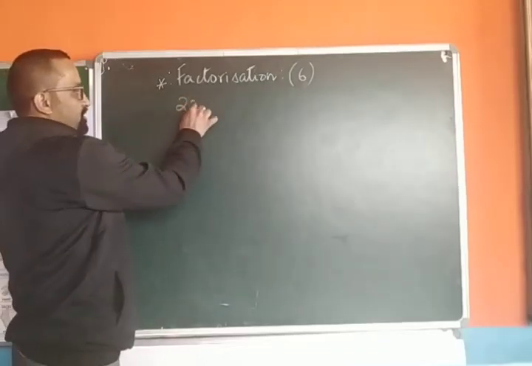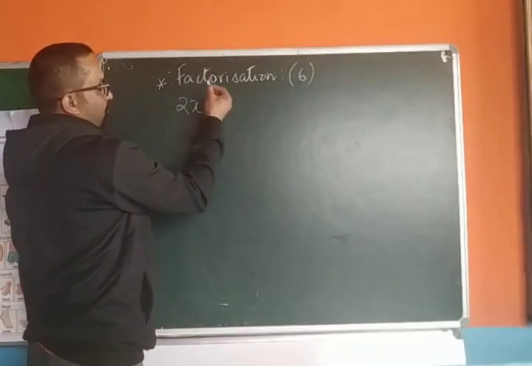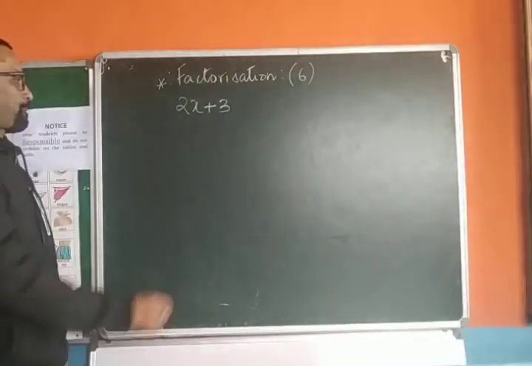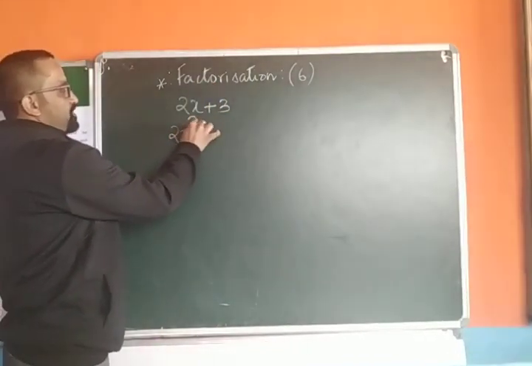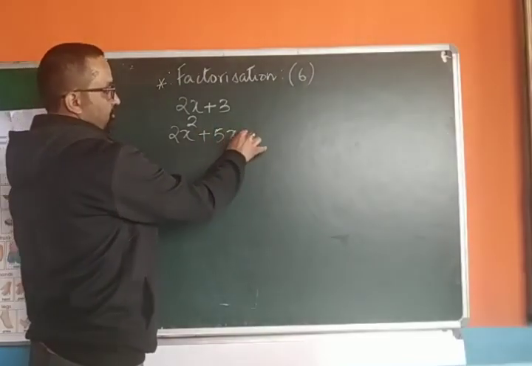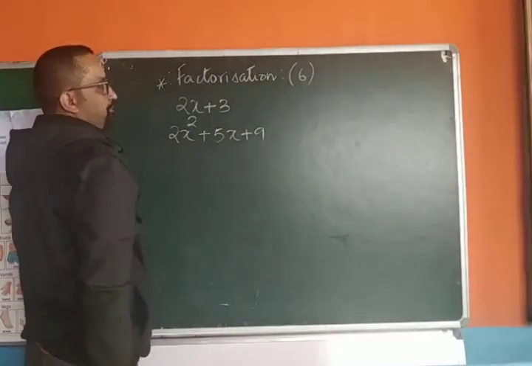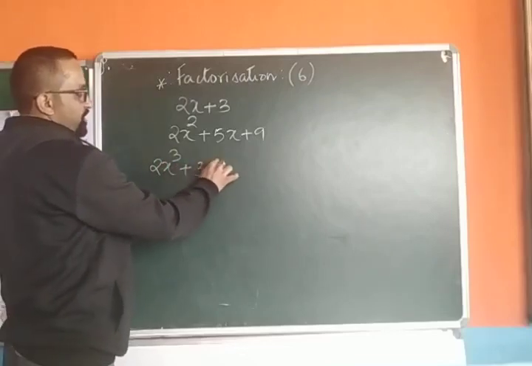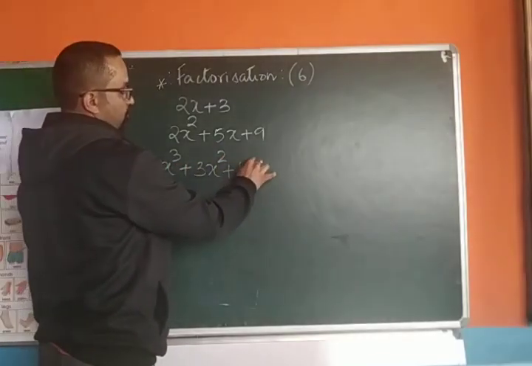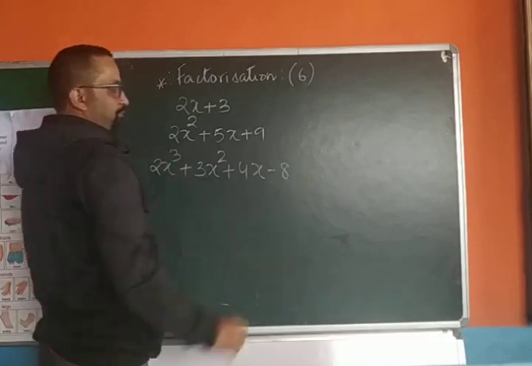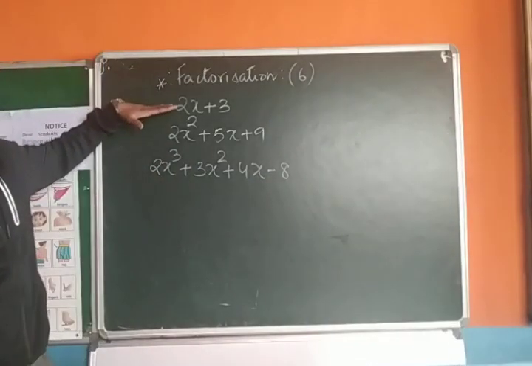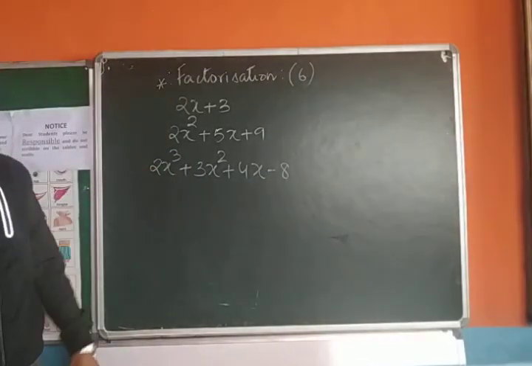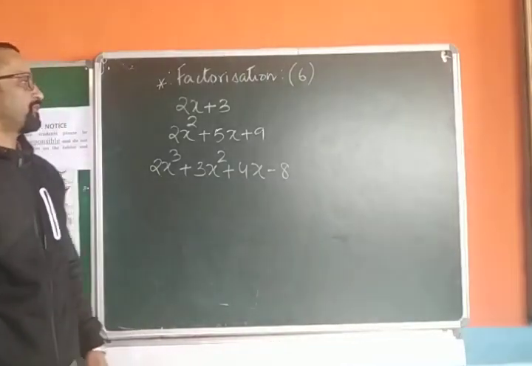Suppose we consider an equation 2x plus 3, 2x squared plus 5x plus 9, 2x cubed plus 3x squared plus 4x minus 8. These are simple examples of polynomials.